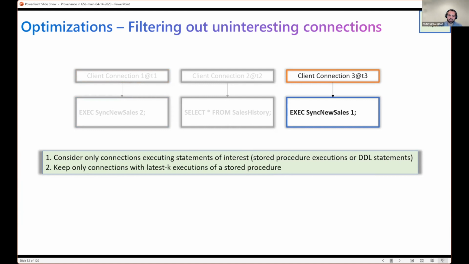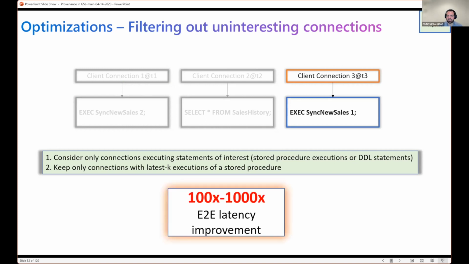And in our example with this K equals 1, you can see that we're keeping only client connection 3 because it has the latest execution of sync new sales, and we're dropping the client connection 1 because it has an earlier execution of the sync new sales. And with this optimization, we saw 2 to 3 orders of magnitude improvement in E2E latency over OneProvenance without any optimization, and that's in production workloads of our private preview customers.